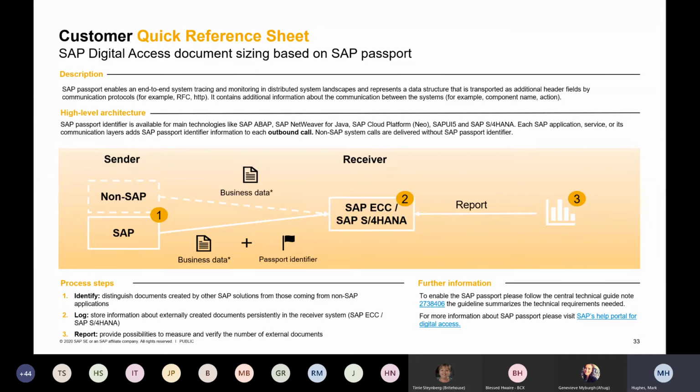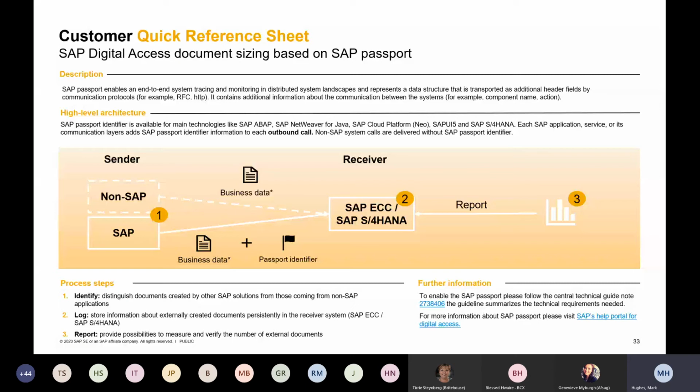Most SAP products, and I think a lot of even our partner solution extensions technology, use it, so it's then very, very clear the receiver system is able to differentiate between these calls coming in, those with a passport, those without.